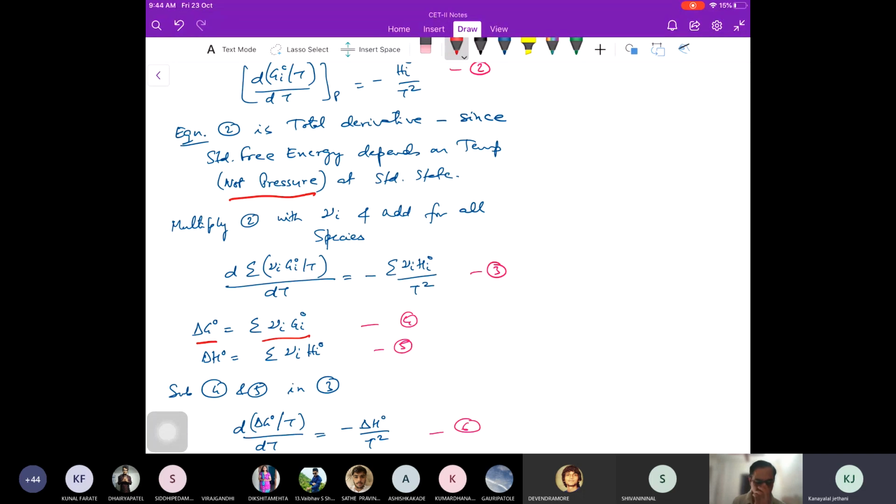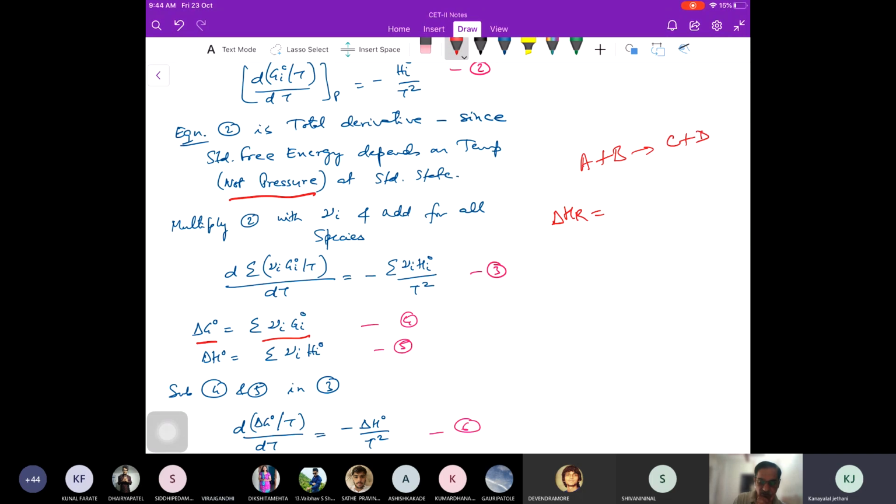Do you remember this? We had seen that, right? When you looked at heat of reaction in PC, what was heat of reaction? Suppose I say A plus B gives C plus D. Heat of reaction is heat of products minus heat of reactants.